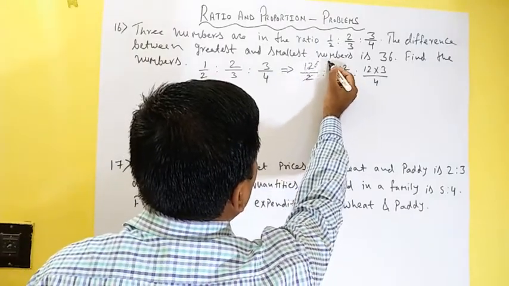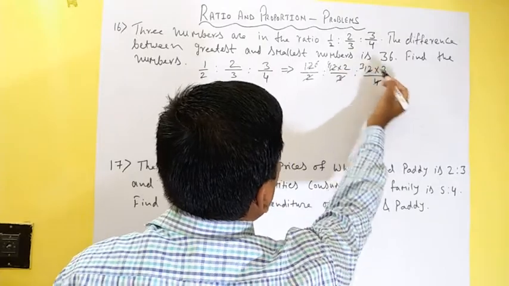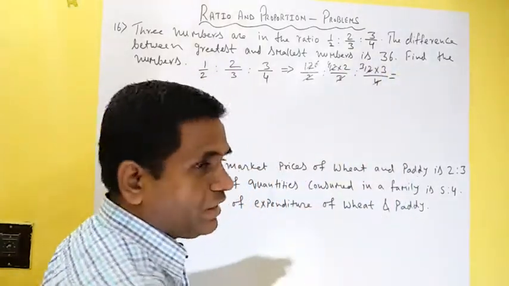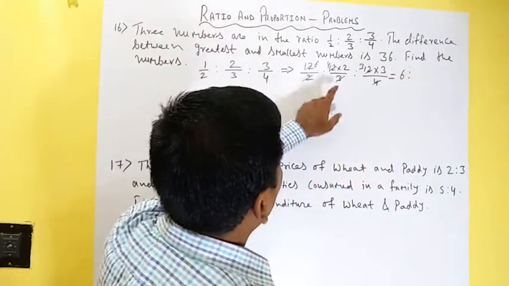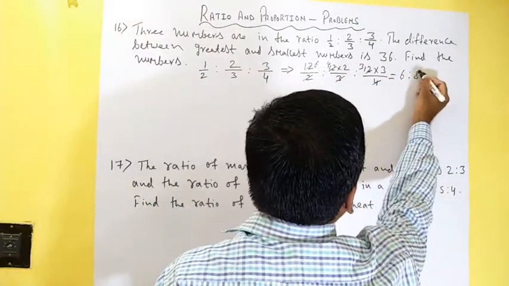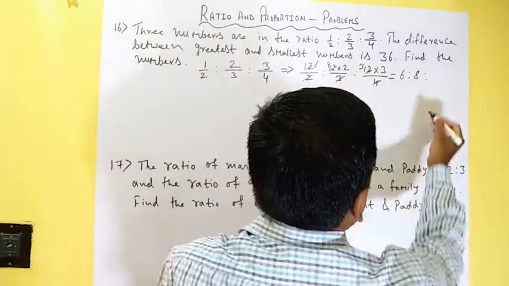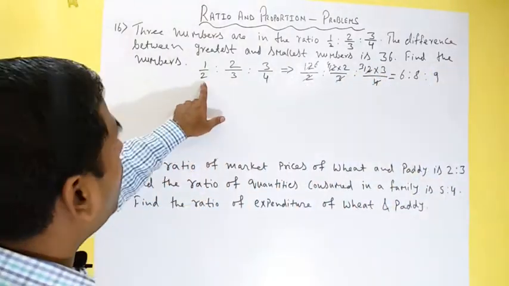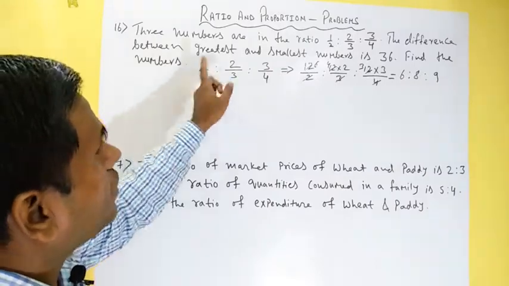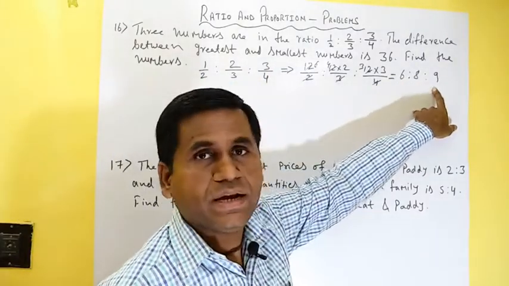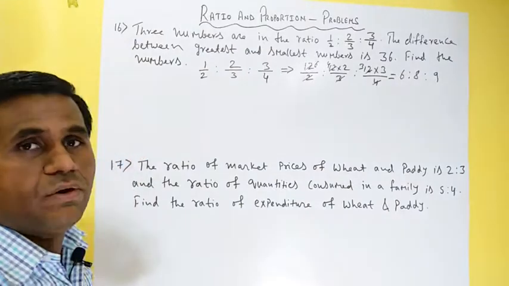If we cancel this, it will become 4 twos are 8, and this will become 3 threes are 9. So now we have converted the fractional ratio into whole numbers 6, 8 and 9. It will become easy for us to find the numbers.